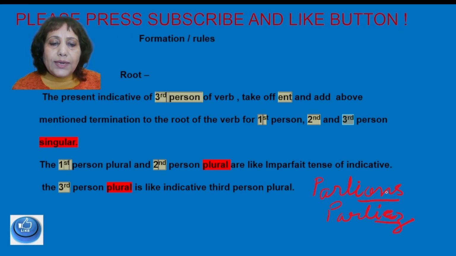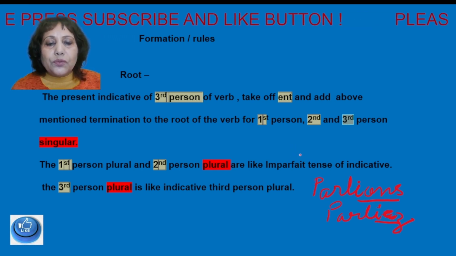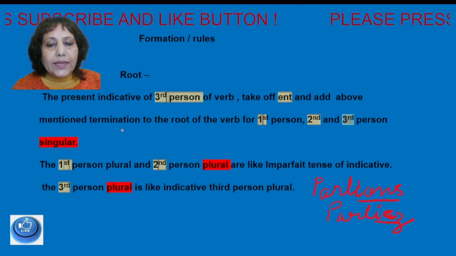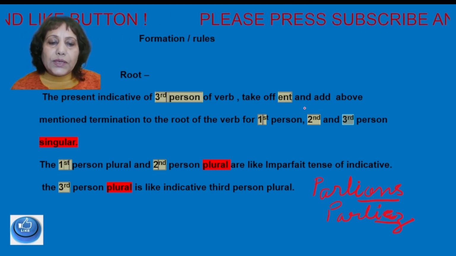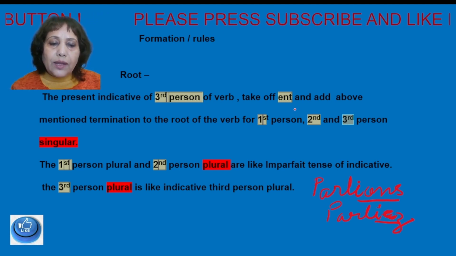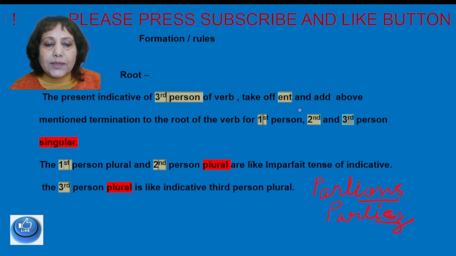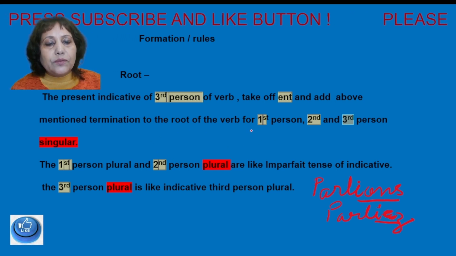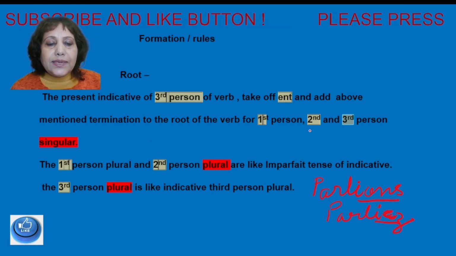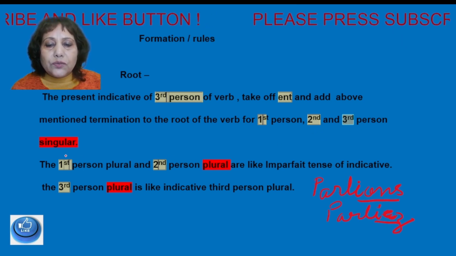So the only thing you should remember is the rule. What is the rule? Again I repeat, the present indicative of the third person of the verb, take off ent. So go procedurally one after another as the rule demands, okay? And add the above mentioned terminations to the root of the verb for the first person, second person, third person singular.